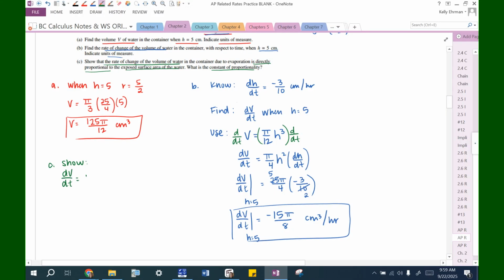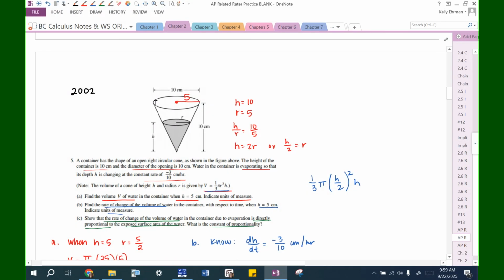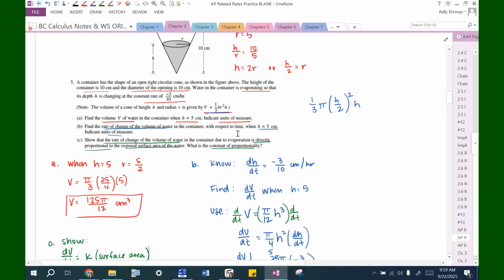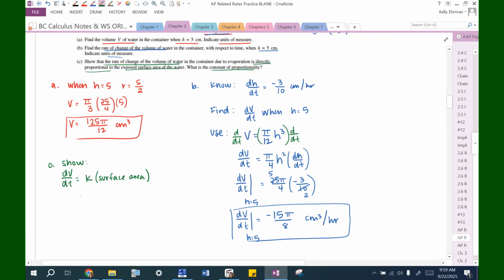That just means there's some constant, let's call it K, multiplied by the surface area of the exposed surface of the water. The exposed surface is a circle, and in general, its surface area would be pi r squared. So show that dV/dt is equal to K times pi r squared.